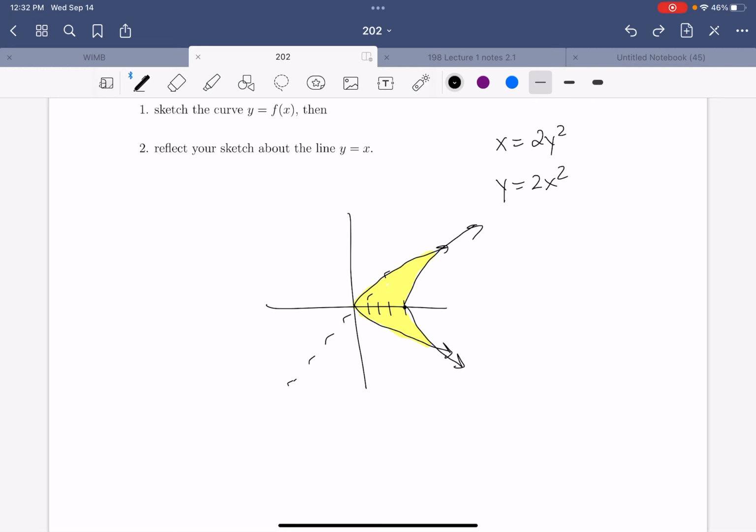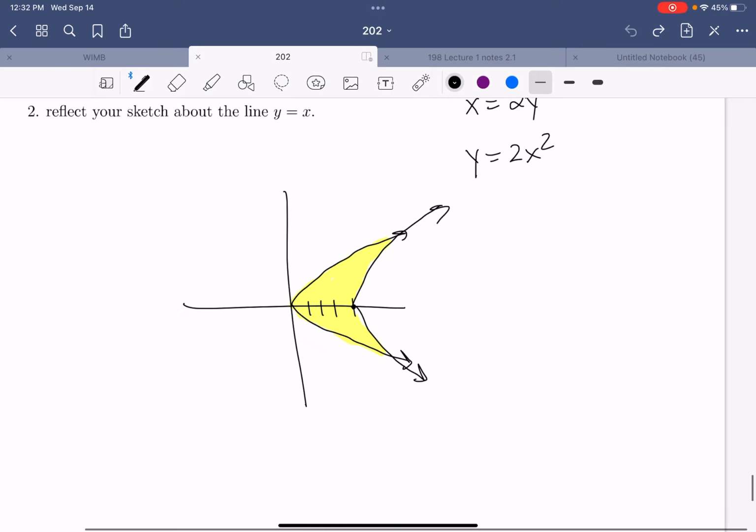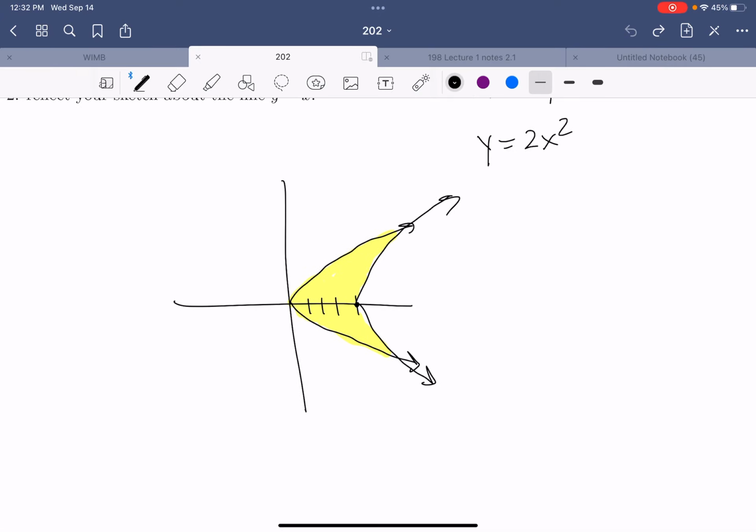Okay, so that's what that means. I don't always think about graphing it and then flipping it. I kind of think about what this looks like if I switch the x's and y's, and then think about that on its side. So all you're doing is thinking about the x-axis as your y-axis and the y-axis as your x-axis.